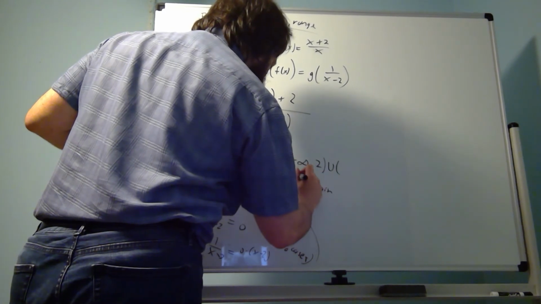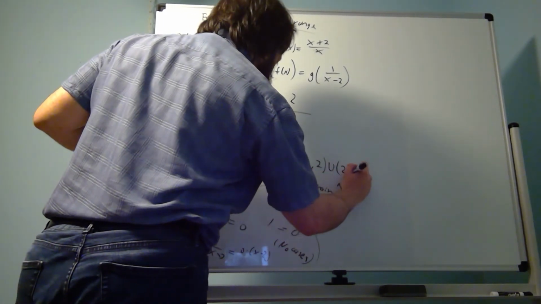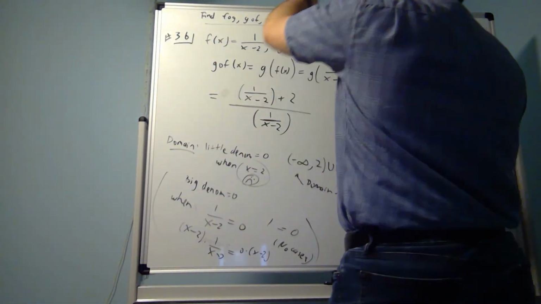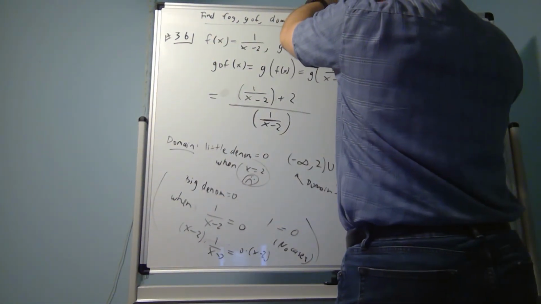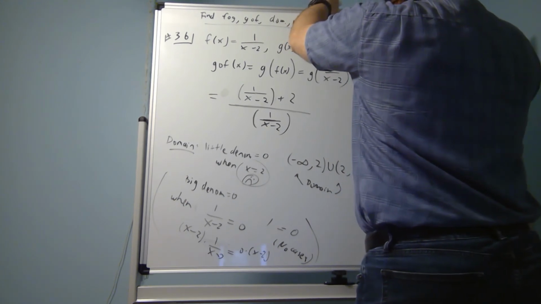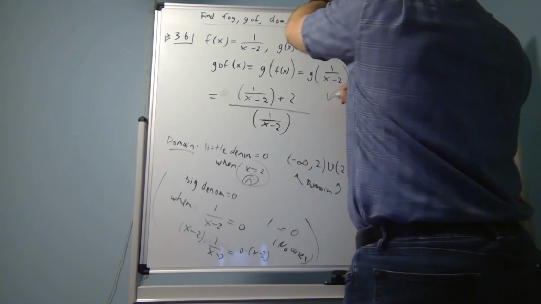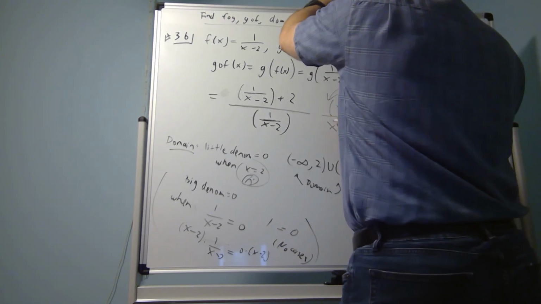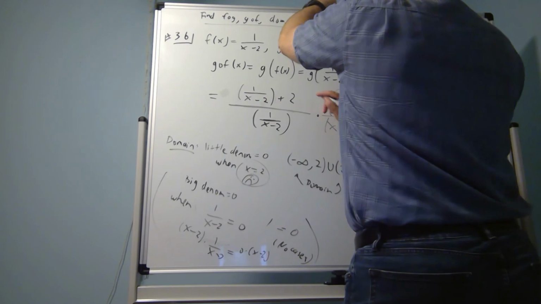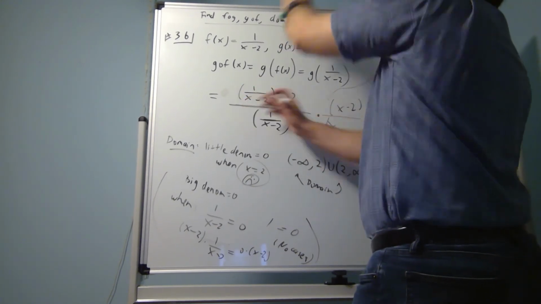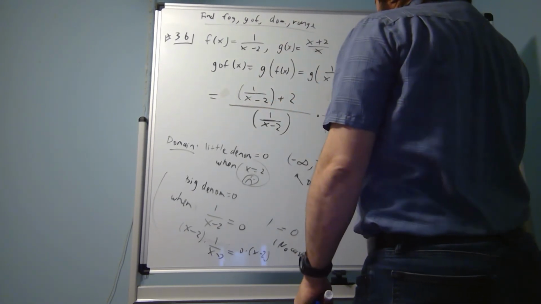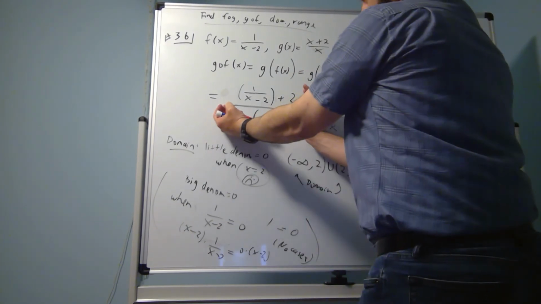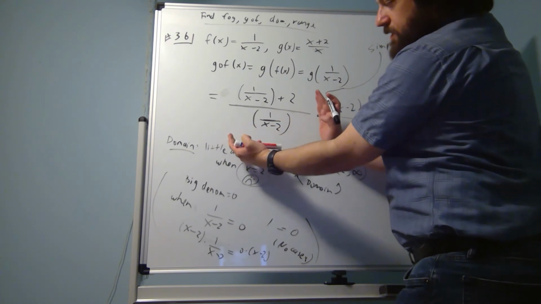So the domain looks like this. If we want to simplify, then the follow-up step is we multiply by, here's the original, literally the most immediate output when you apply the composite g of f of x, this thing right here.